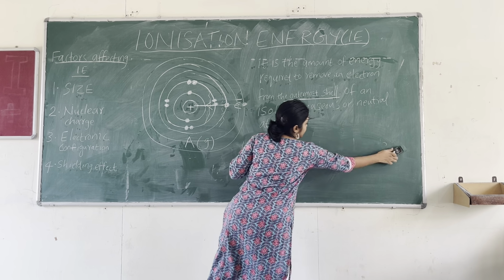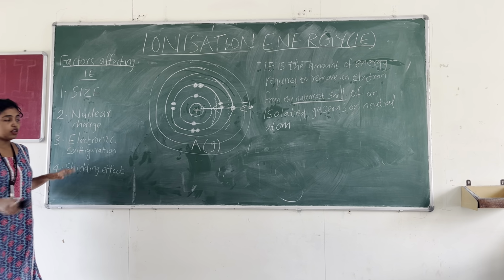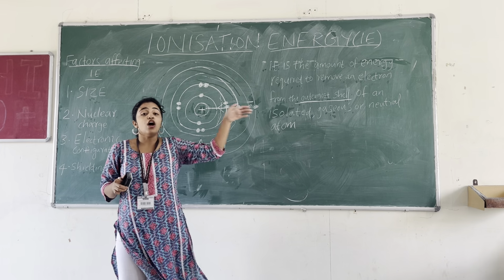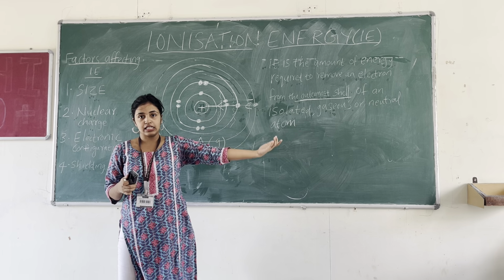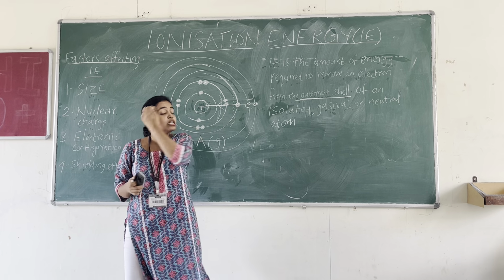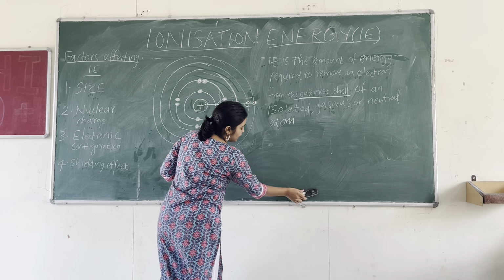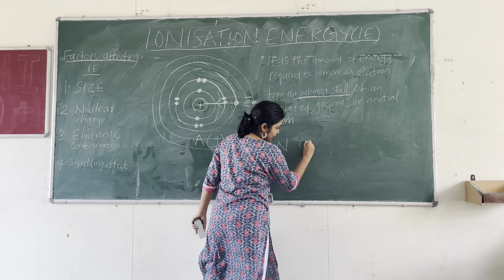The third one is electronic configuration. I already told you in the case of the periodic table, as we move along the period, the size will decrease and ionization energy increases. So let's take a period, the carbon to oxygen period. So carbon, nitrogen, oxygen, just like that.